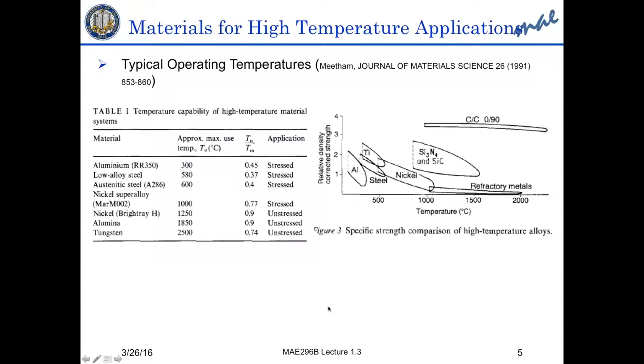So once we have that, then we can look now at specific properties for high temperature applications and typical operating temperatures. So in this chart, we see the relative density corrected strength. So this is the strength divided by the density. So if we are selecting material and the material itself has high strength, but we need it in a rocket engine, for example, where the weight is an important factor, we would like to have it as light as possible.